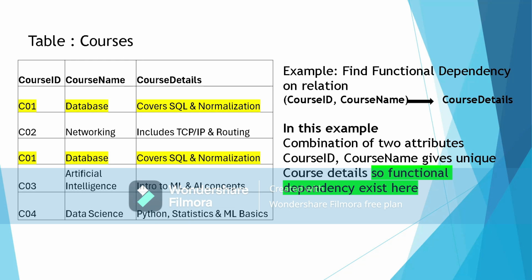So here you have to consider the course ID and course name as X value and course details as Y value. Here X values and Y values are matching. Therefore, the functional dependency exists here and other attributes are not duplicated at all. So no need to think about other rows or tuples.